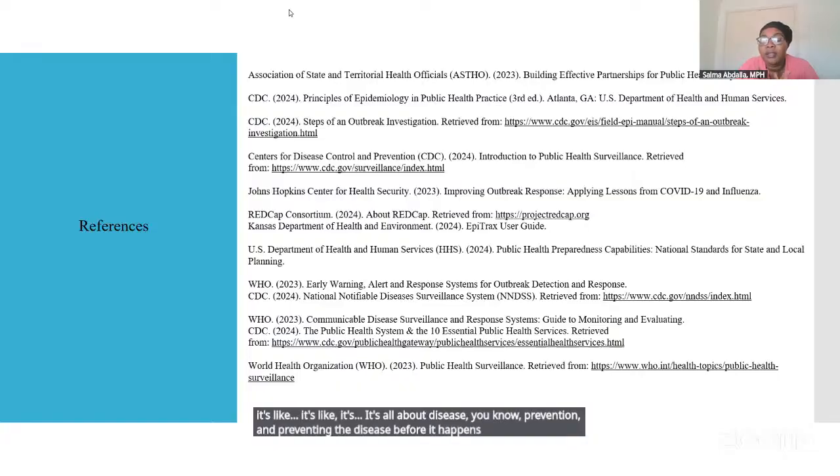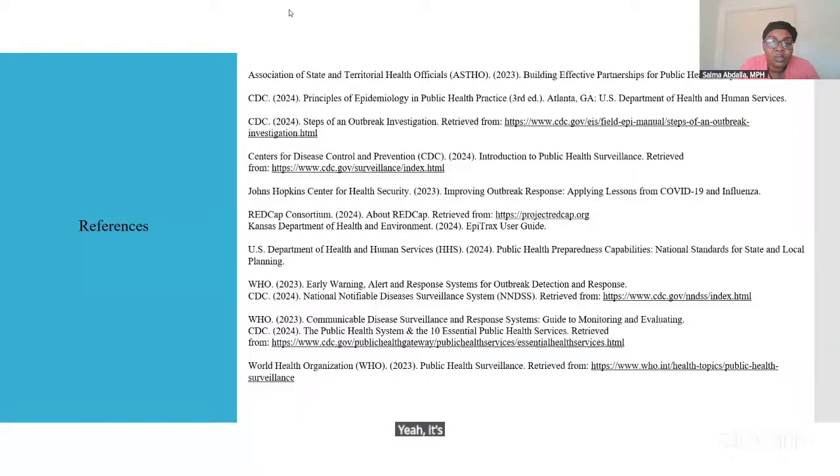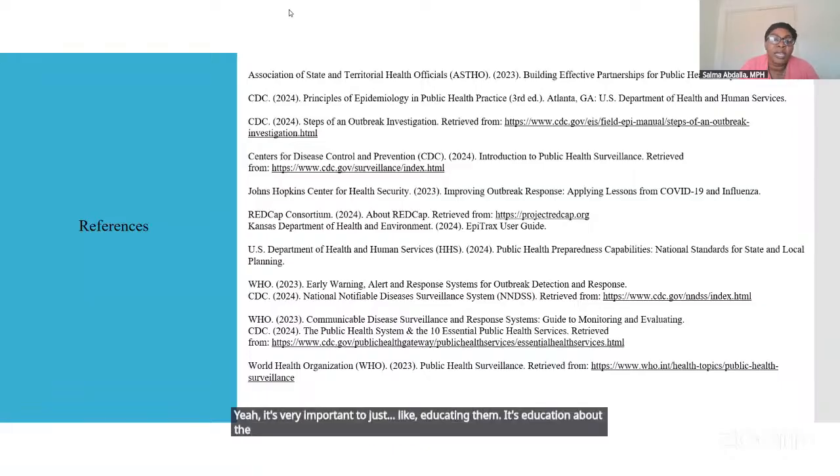So it's important to the HIV community, people who are HIV positive. It's very important to educate them about the importance of getting tested. Even if they got tested this year, some of them are like, oh, I just got tested 2 years ago.